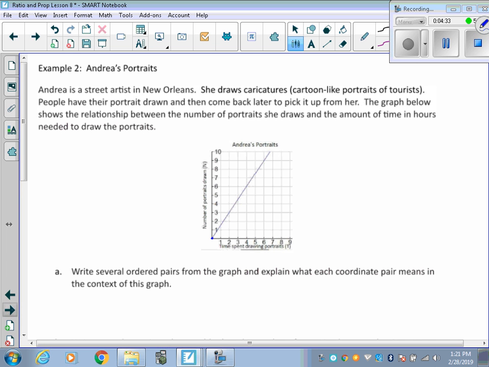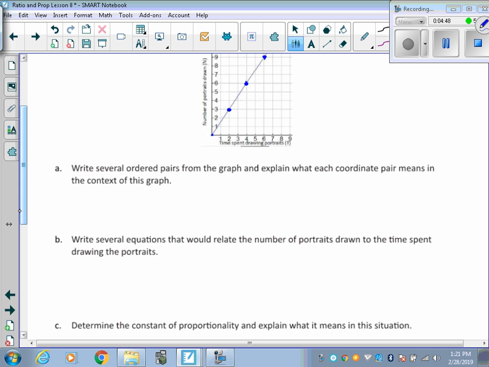But you also want to look for where the points intersect, and I see this point right here, this point right here, and this point right here. If you look on your sheet real carefully, you will see those. So let's go ahead and mark those down. We have 0, 0, 2, 3, 4, 6, and 6, 9.